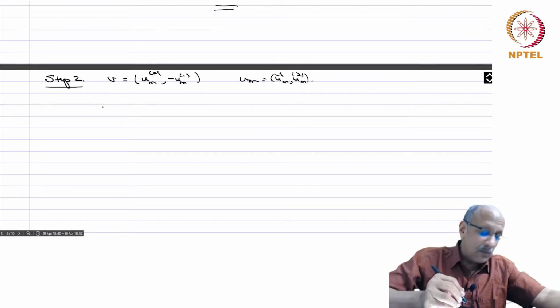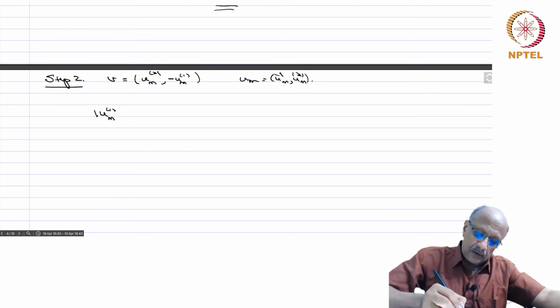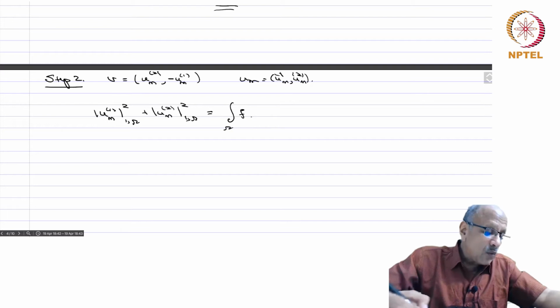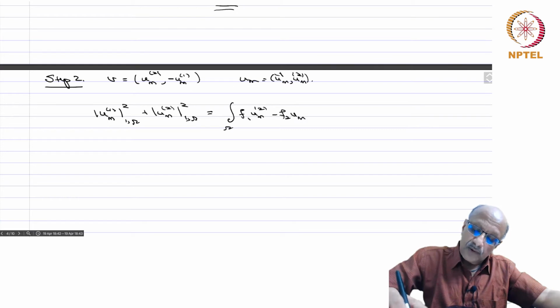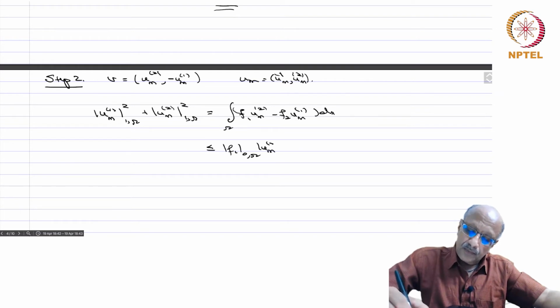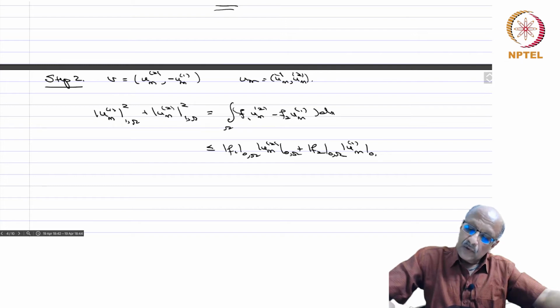So, you will get that norm of u_m1 squared in H1(omega) plus norm of u_m2 squared in H1(omega) equals the integral over omega of F1 u_m2 minus F2 u_m1 dx, which is less than or equal to norm F1 in L2(omega) norm u_m2 in L2(omega) plus norm F2 in L2(omega) norm u_m1 in L2(omega).